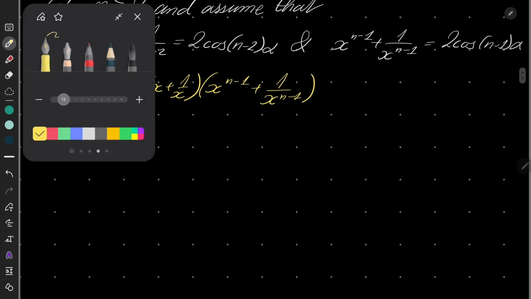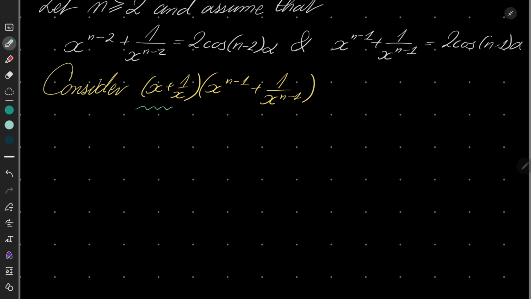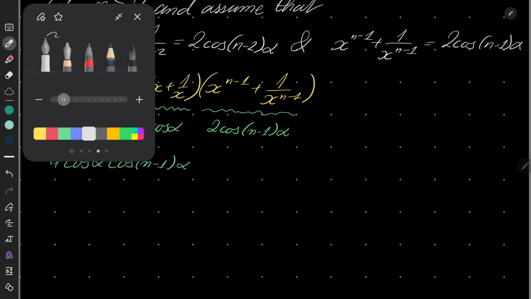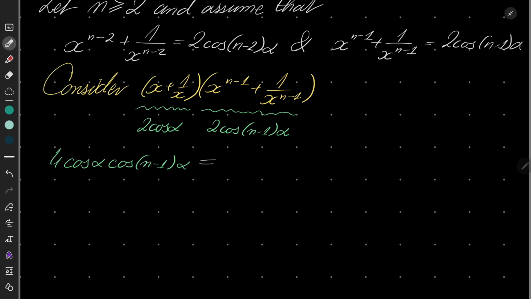What happens? Well, we know by our assumption that the first factor is 2 times cosine of alpha, and also by our inductive assumption, the second equals 2 times cosine of n minus 1 times alpha.